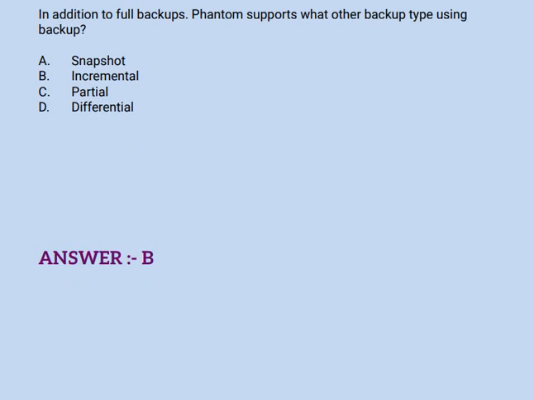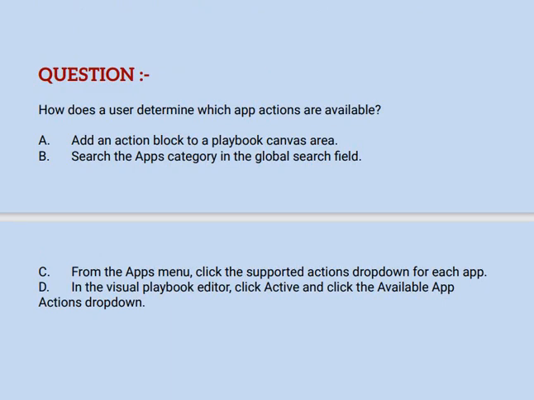Next question is: how does a user determine which app actions are available? Option A: add an action block to a playbook canvas area. Option B: search the apps category in the global search field.